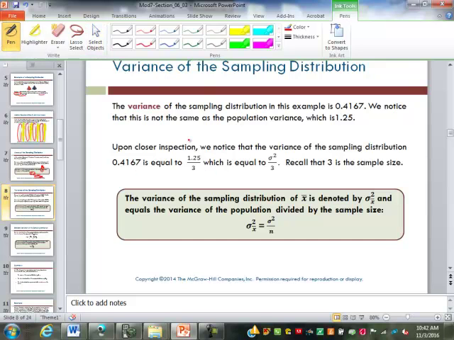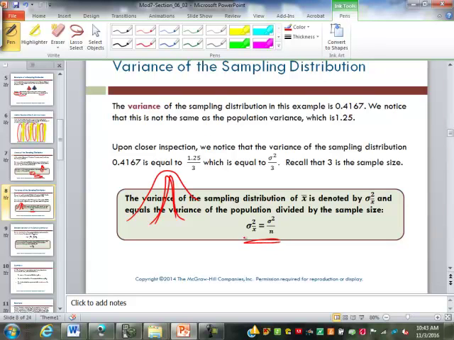The variance: we said the curve for the sample means is going to be narrower than the population curve because the small values cancel out the larger values and so on. And we said the bigger the sample, the more likely they are to cancel out, the narrower that curve is going to be. Well, this is describing that here.